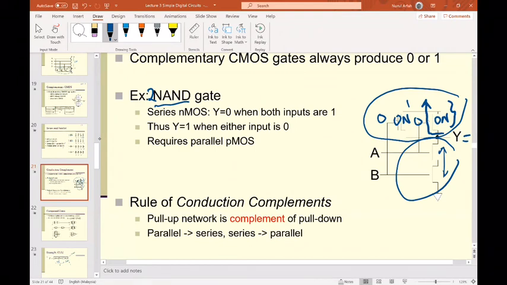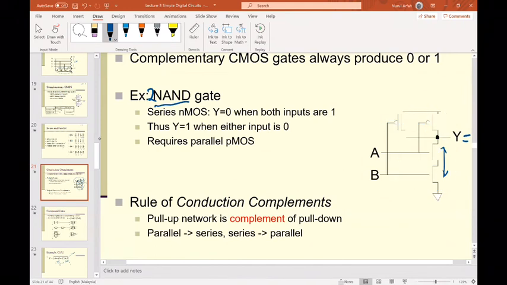This is 2 input. This is also 2 input. Just opposite condition. So far, so good. So if the NMOS is in parallel, then the PMOS should be in series. If you have the NMOS in series, then the PMOS should be in parallel. That's the complement part of these transistors.